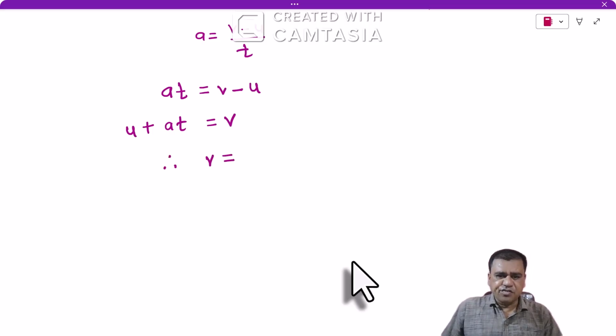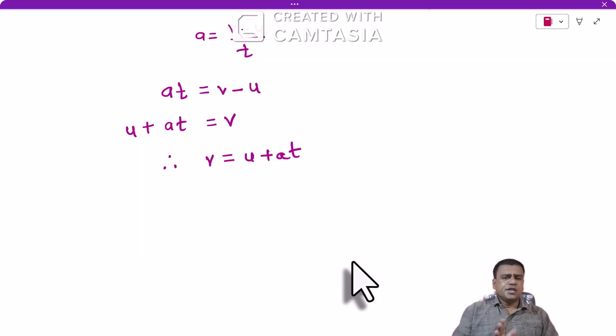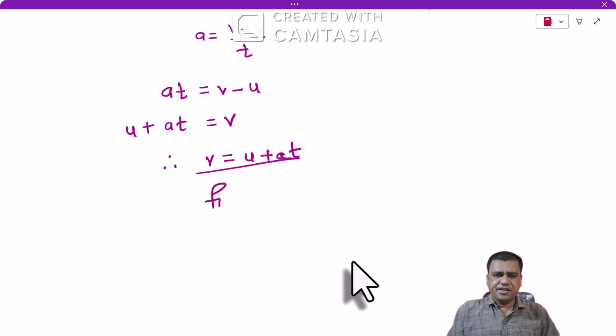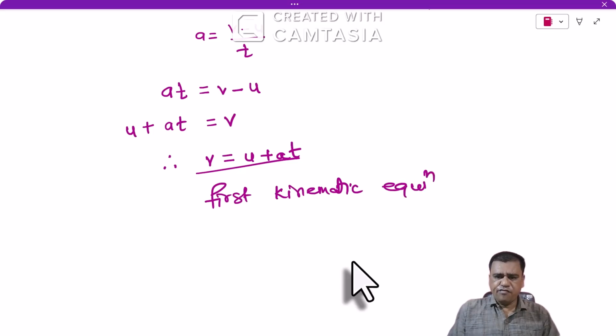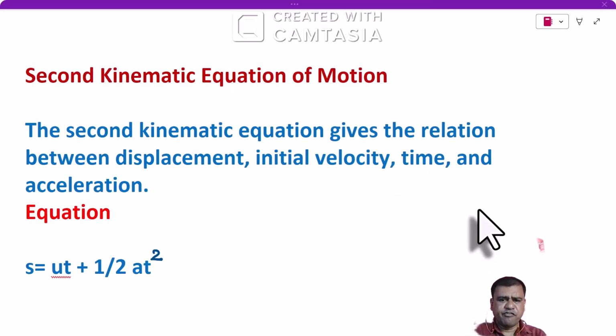Therefore v is equals to u plus at by interchanging the both sides. Now this is nothing but the derivation of first kinematic equation of motion.